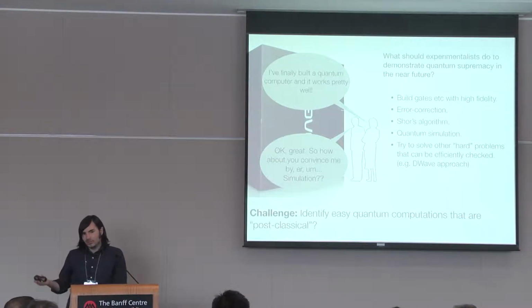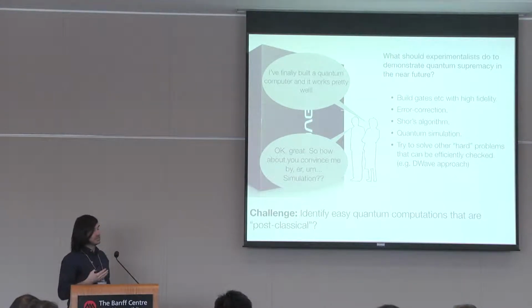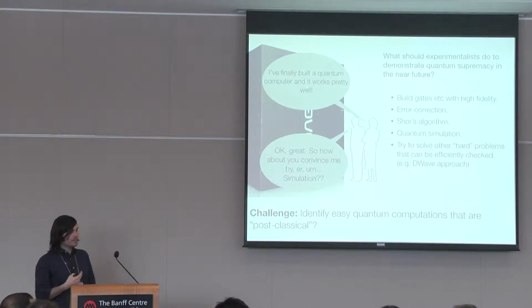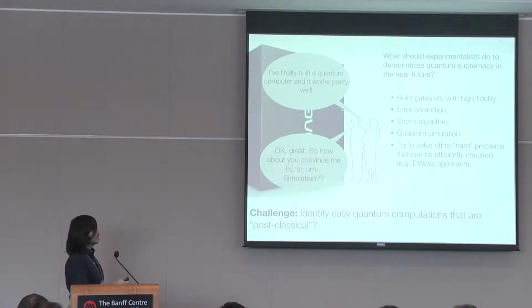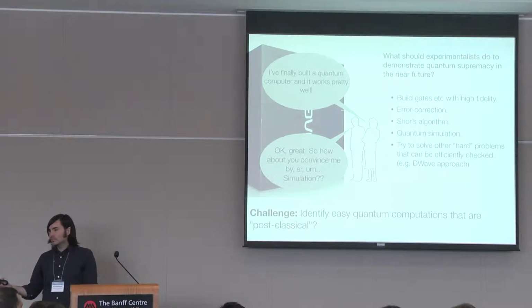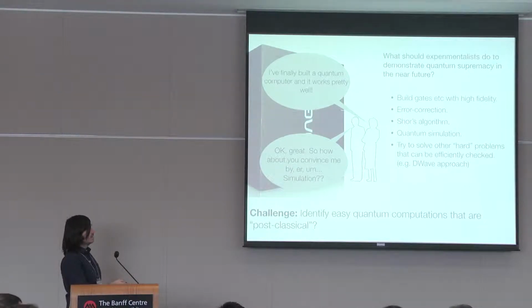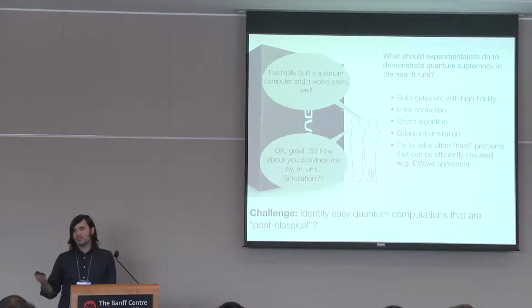There are a lot of things people have been progressing towards. People have been working hard on building gates with very high fidelity. Another thing they're looking at is performing error correction. People regularly try to run small instances of Shor's algorithm on their devices.